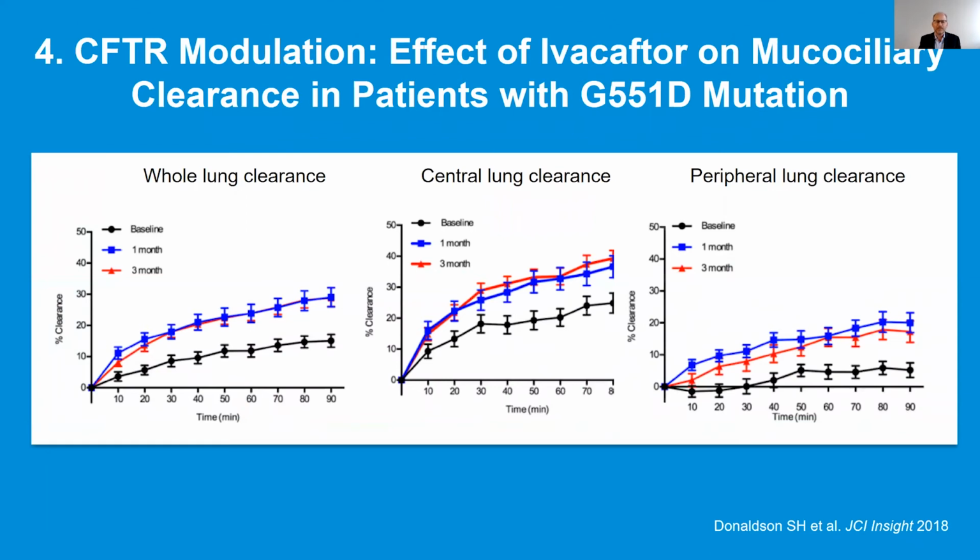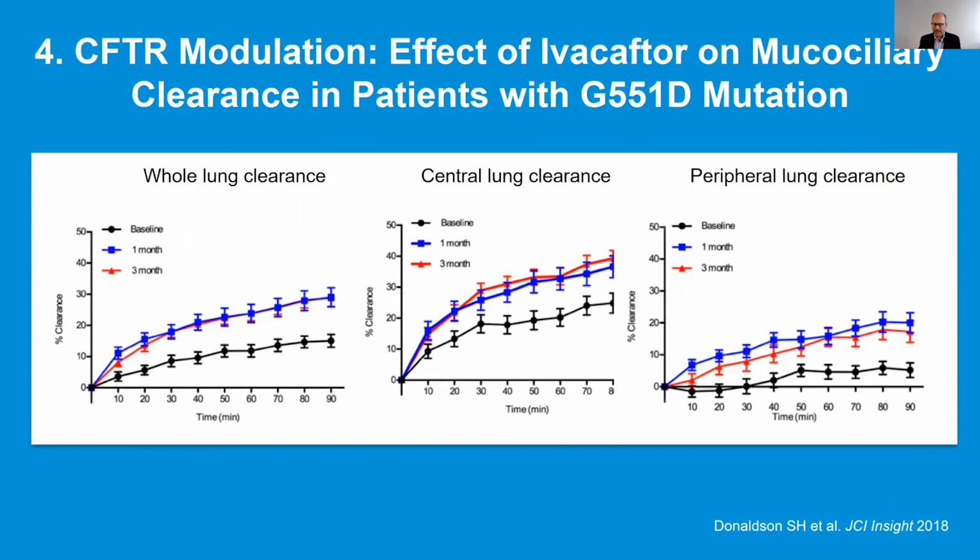Last but not least, CFTR modulation. Obviously, with the emergence of effective CFTR modulators, I think it's a key and fascinating question to ask to what extent they can normalize CF mucus. The data we have so far, first, are MCC data in patients with a G551D mutation that started ivacaftor therapy.